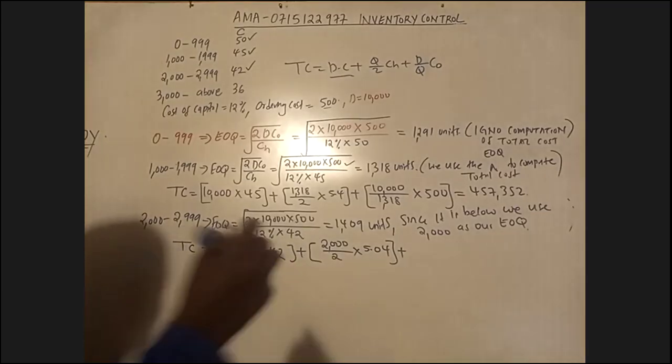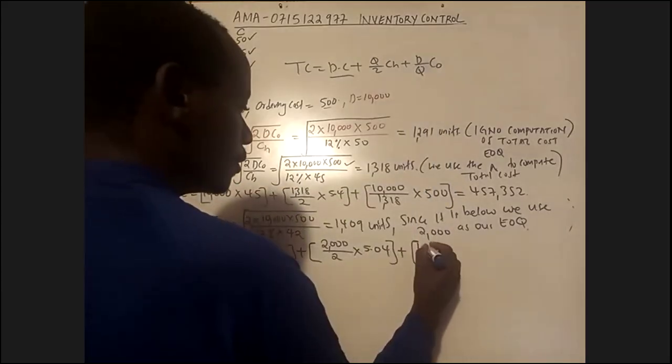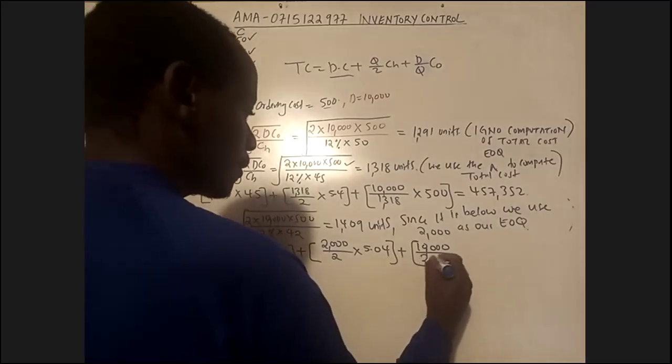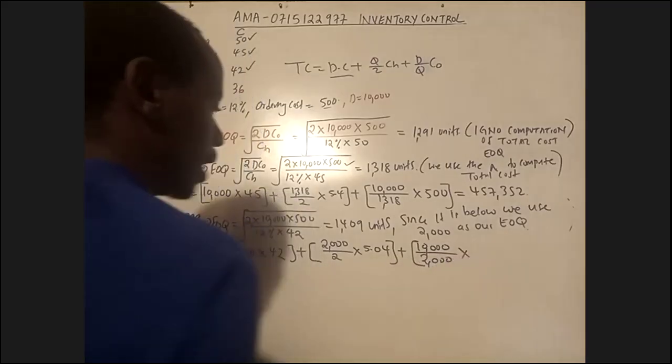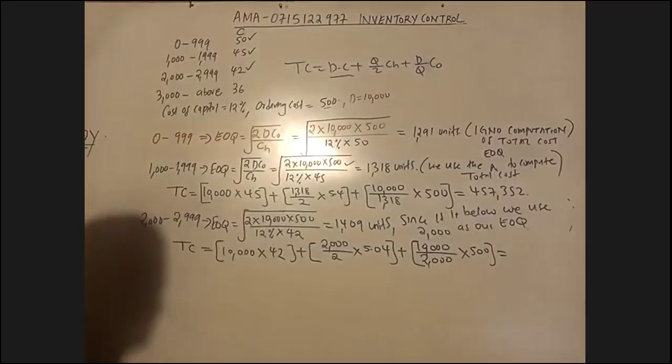5.04 plus D over Q. Our D is 10,000 over Q, which is 2,000, times 500.